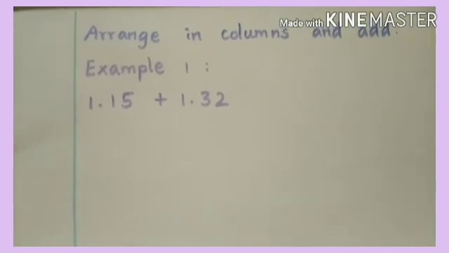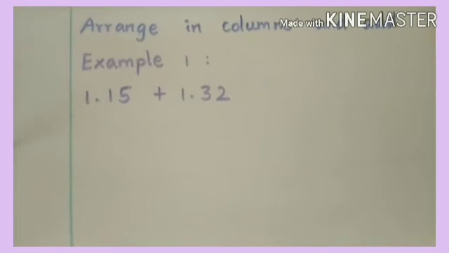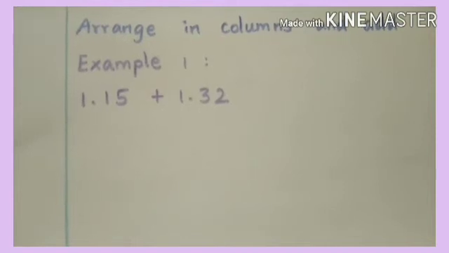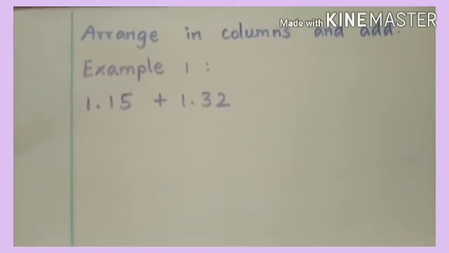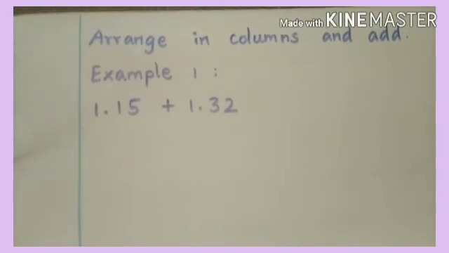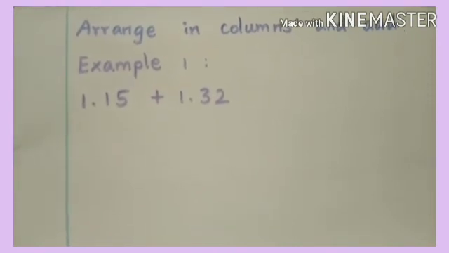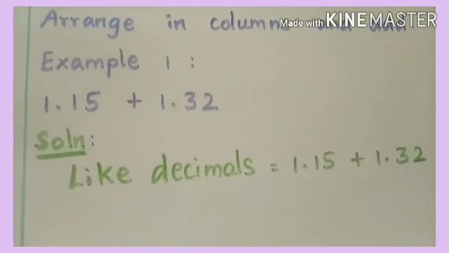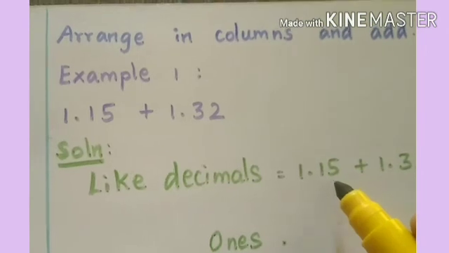Example 1. Add 1.15 and 1.32. Here the number of decimal places are same, so they are called like decimals. Let's write like decimals is equal to 1.15 plus 1.32. Now write the place values.